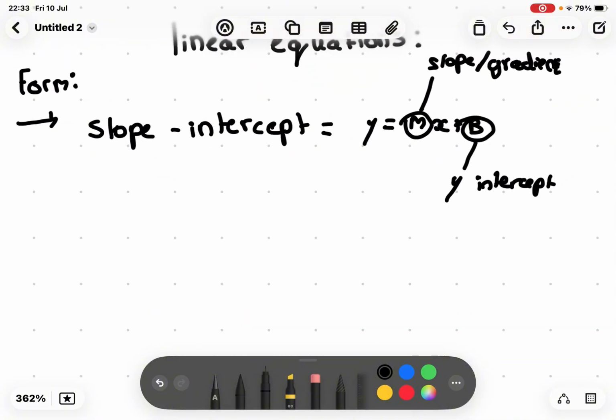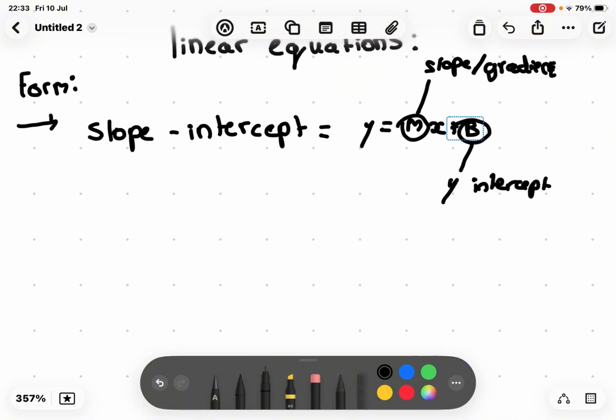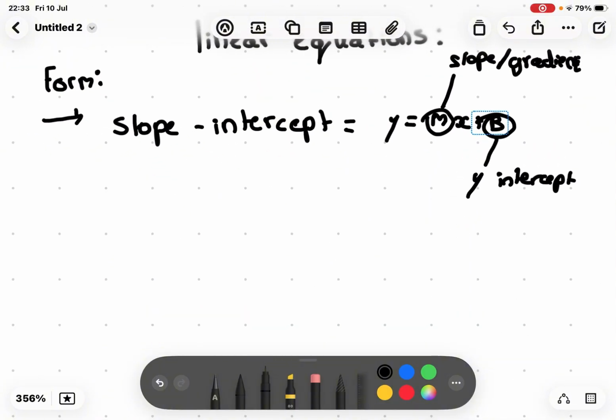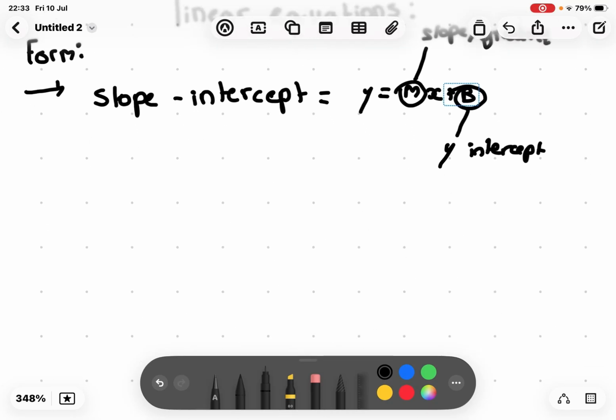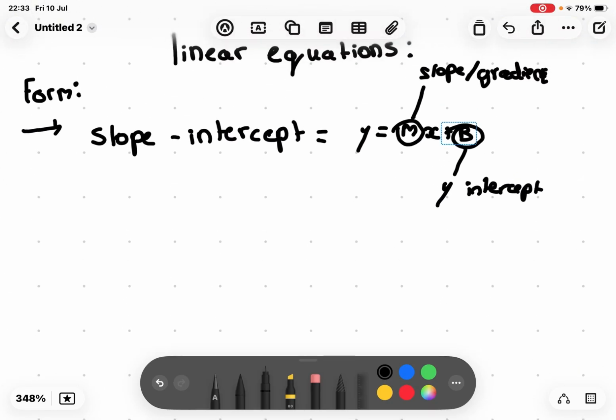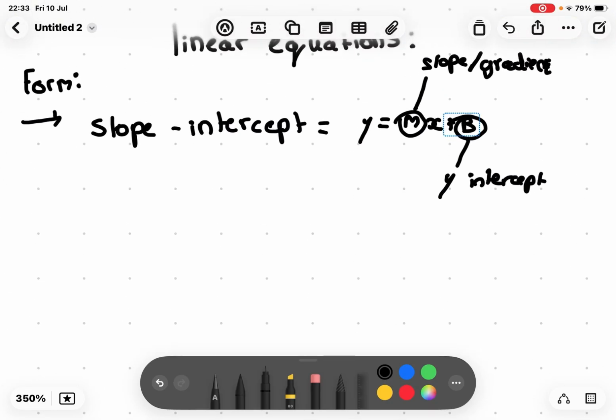The y-intercept is where the line starts on the y-axis. So that's one type.